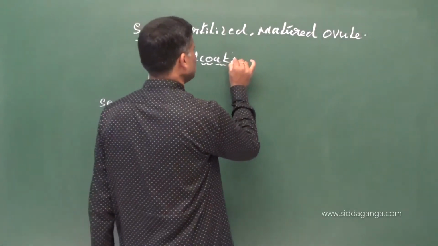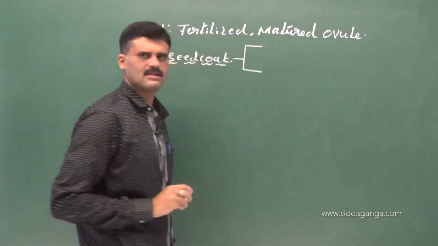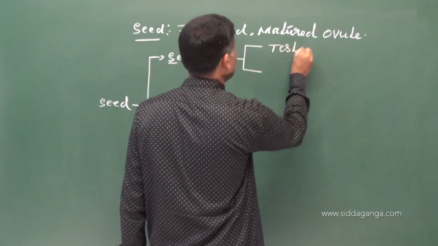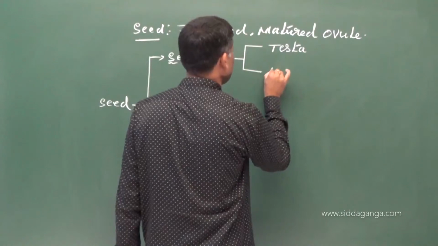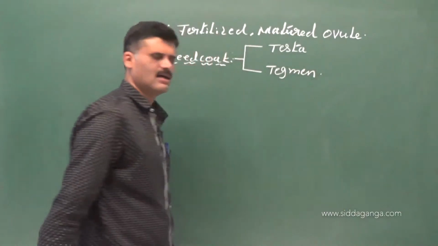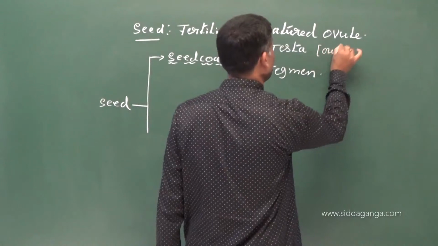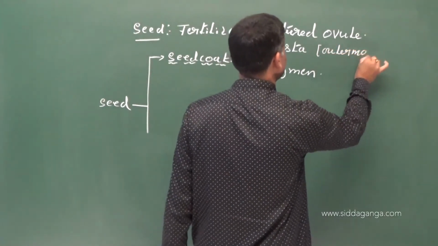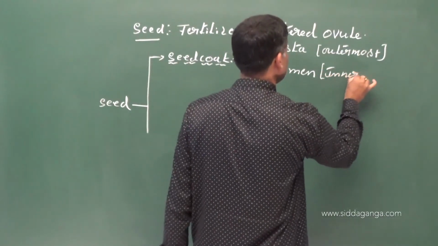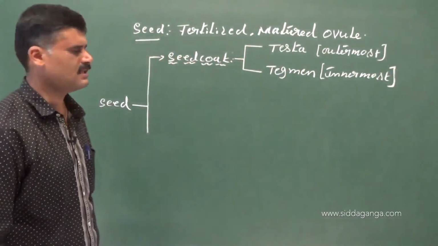The seed coat is divided into two layers. The outermost layer is called the testa, then the inner layer is called the tegmen. Testa is the outermost layer, and tegmen is the innermost layer of the seed.